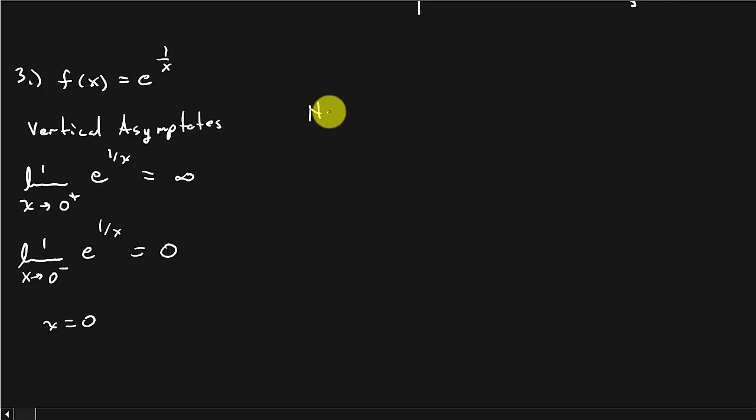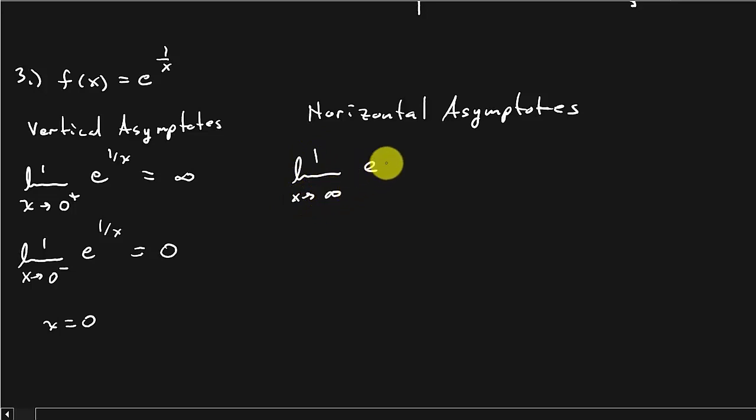Now let's look at horizontal asymptotes. Remember to do that, we take the limit as x approaches infinity and negative infinity. It's going to be the same for both of them.